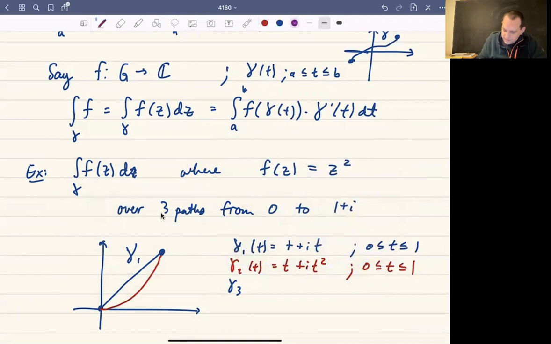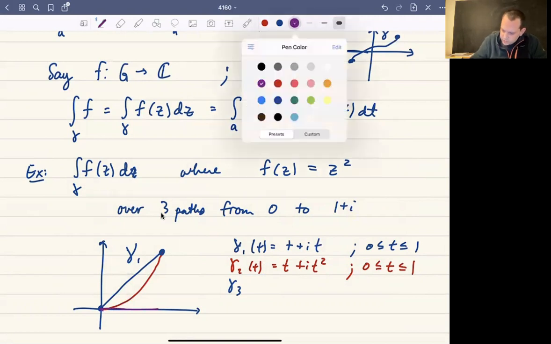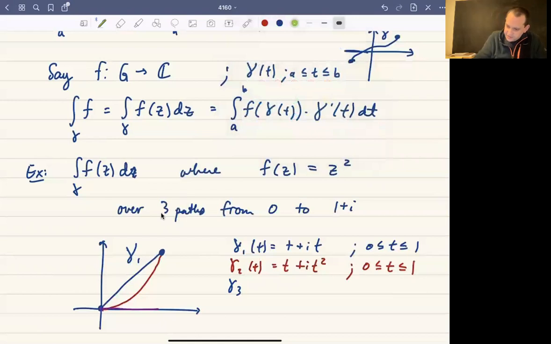So gamma 3 is going to be the path along the horizontal axis, from 0, 0 to 1, 0. And then straight up. So straight over and then straight up. So gamma 3 is actually going to be 2 curves. And so we can call those gamma 3.